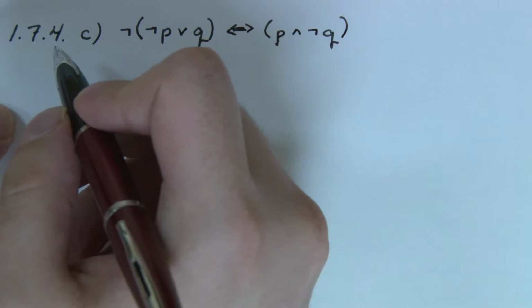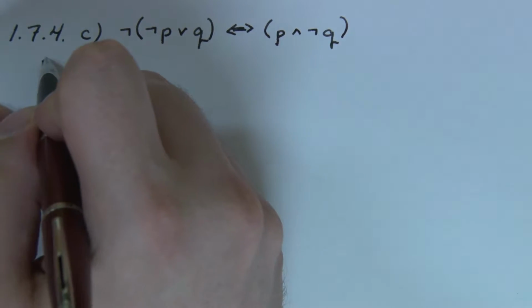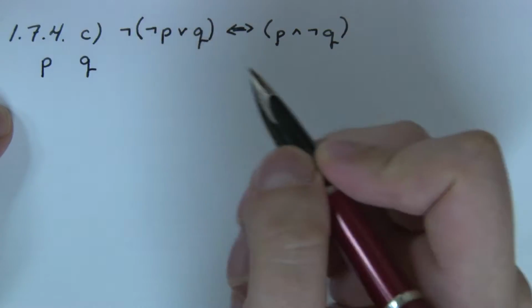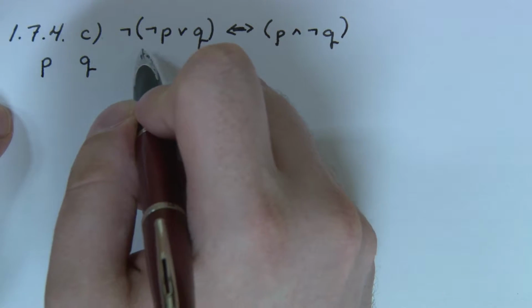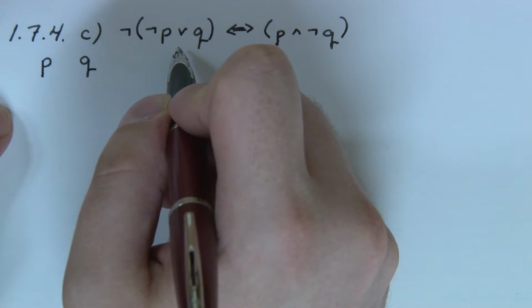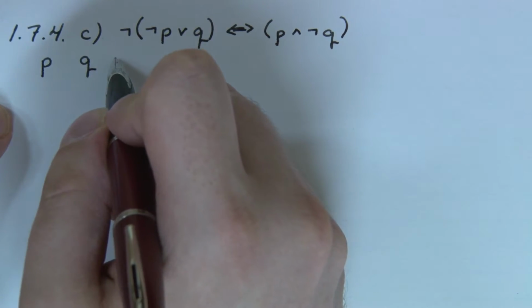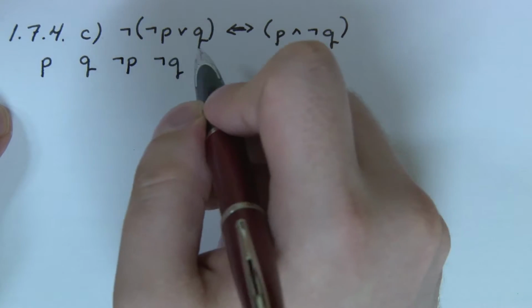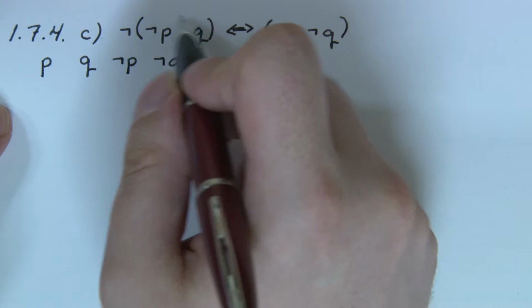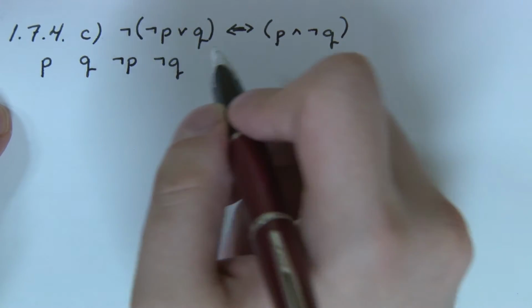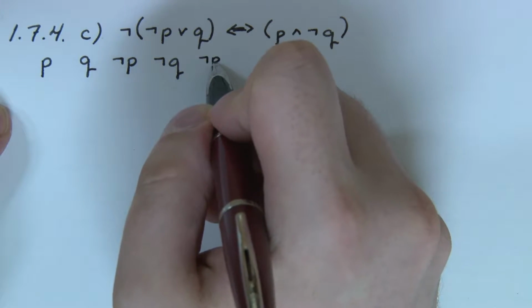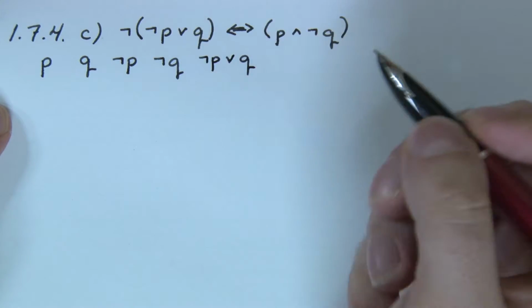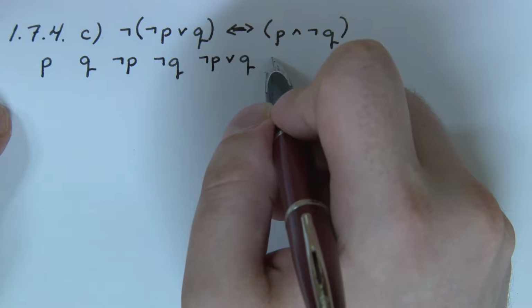What I do is I write out P, Q. I have a couple of not P's and I have a not Q, so I'm going to do that: not P, not Q. Okay, now I'm going to do this left side first. I'm going to do not (P or Q), and then I'll take the negation of that.